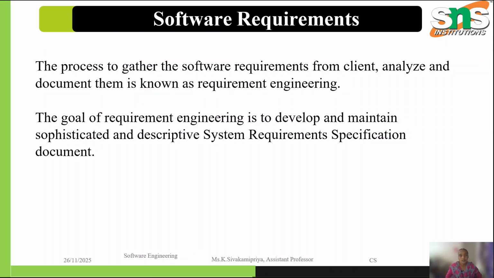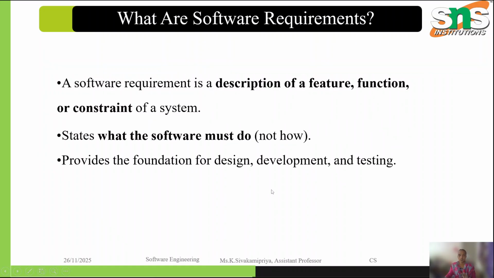The goal of requirement engineering is to develop and maintain a sophisticated and descriptive system requirement specification. Requirements cover the designing part, coding, deployment, and testing. That is all the phases called software requirements. Each requirement has a different methodology.